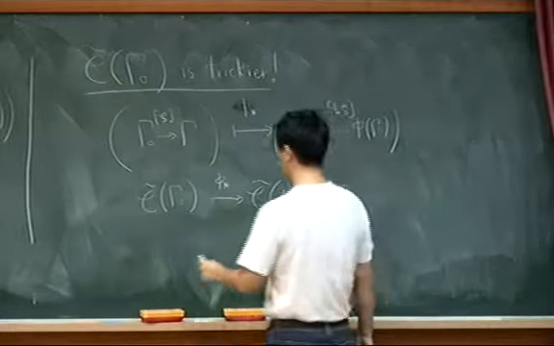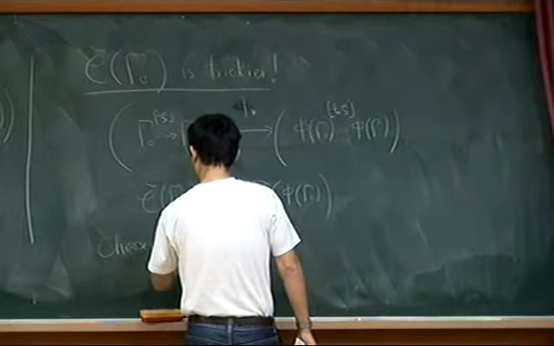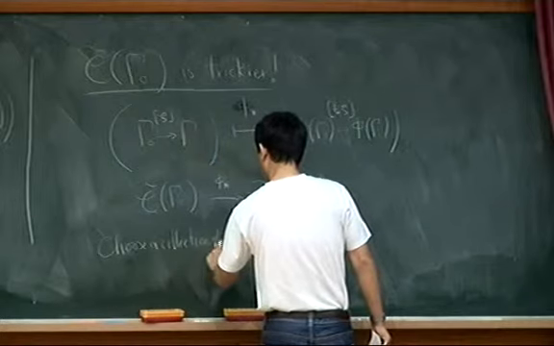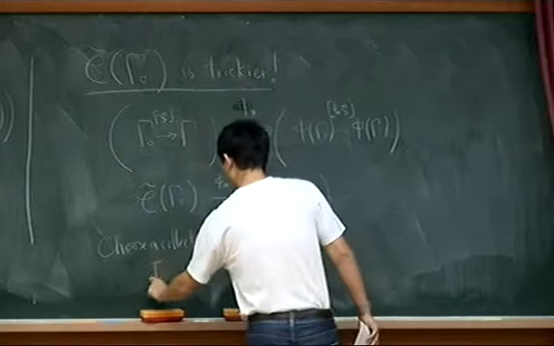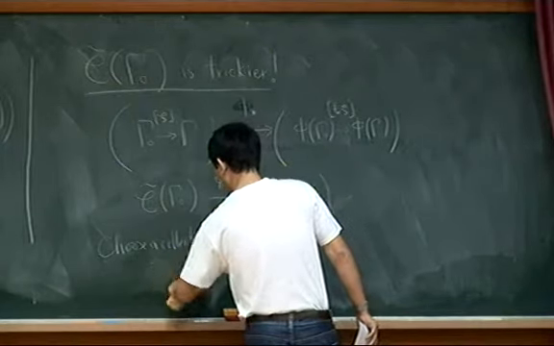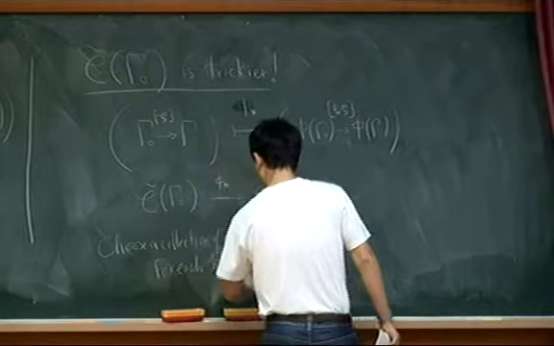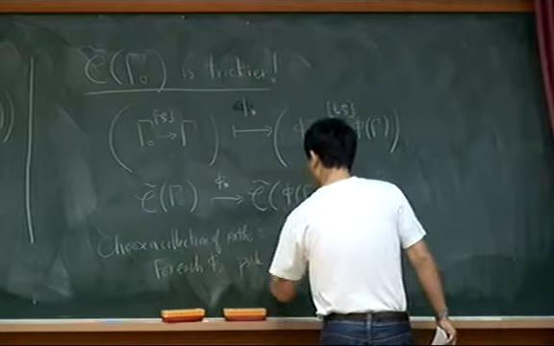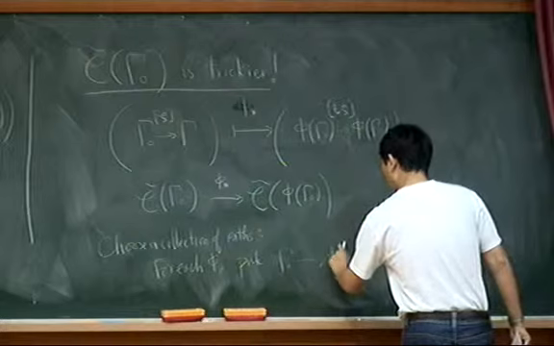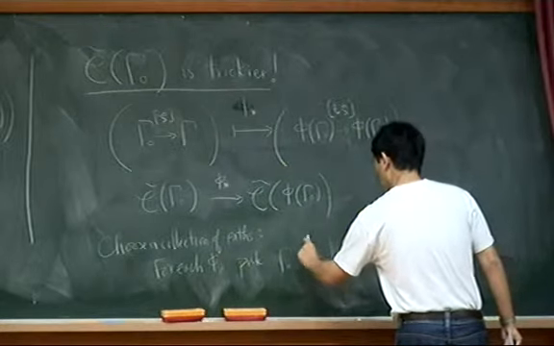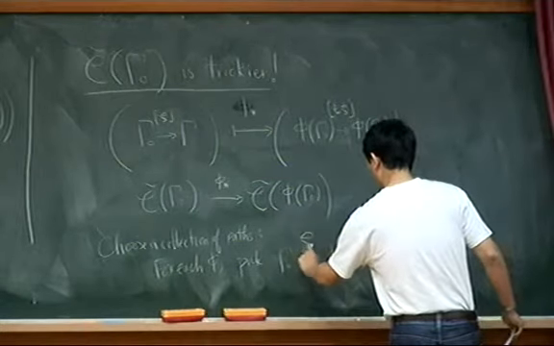You choose a collection of paths: for each phi, you pick a path from gamma naught to phi of gamma naught, which I'll call zeta sub phi.